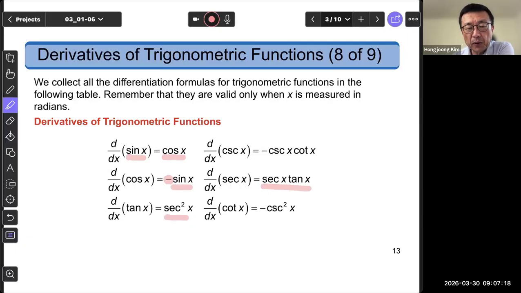Otherwise, you should be familiar with all the rules so that when you write them down on the cheat sheet, you are able to find them easily. So please be familiar with these rules. This is the basic derivative of the original trigonometric functions.